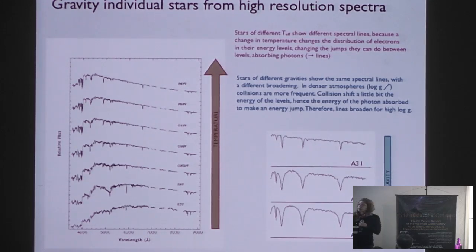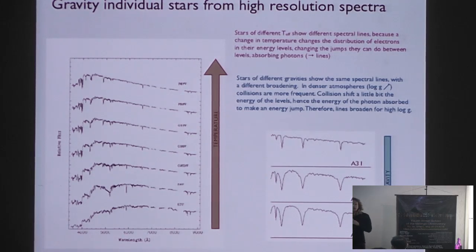This is just a slide, you don't need to read all that, but we all agree, I think, from what we saw yesterday, that from the spectrum you can get the temperature, because the spectrum is very sensitive to temperature. And it is also very sensitive to gravity for two reasons.